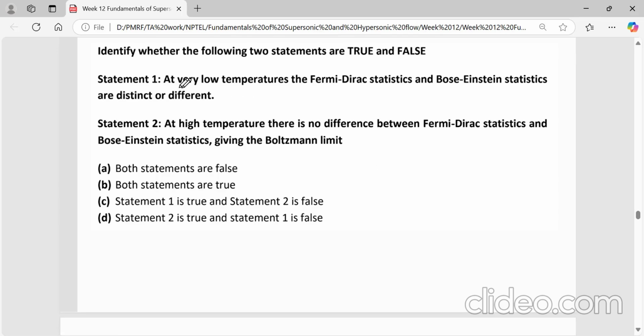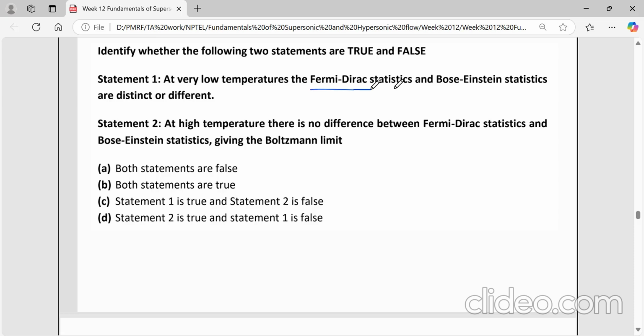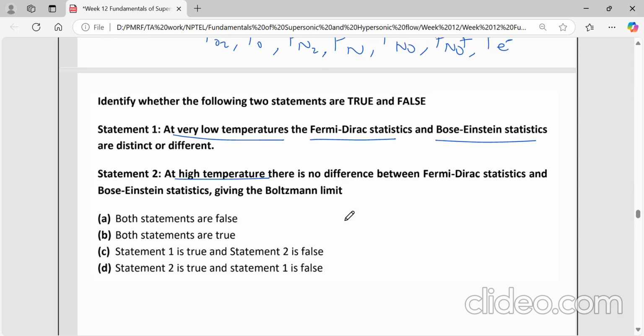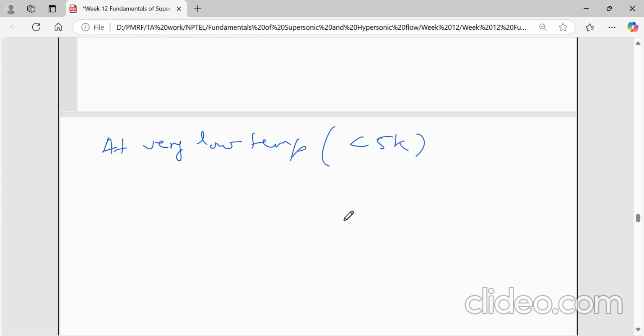We have to tell whether there is a difference between Fermi-Dirac and Bose-Einstein statistics at very low temperature and at very high temperature. At very low temperature, less than 5 Kelvin, most of the molecular system will be in the ground state.